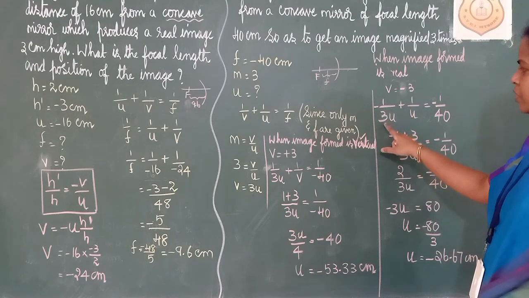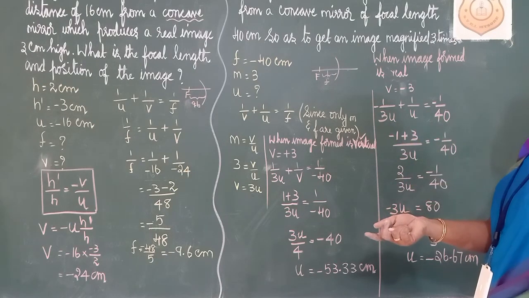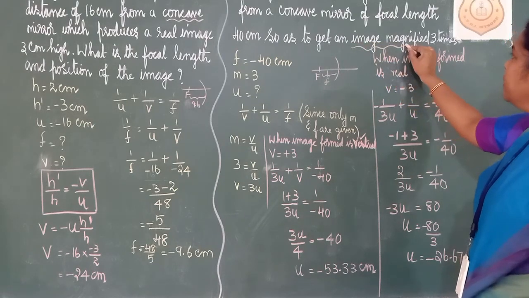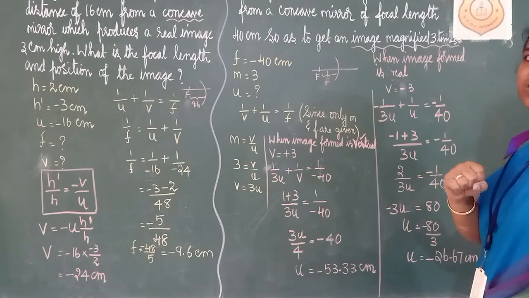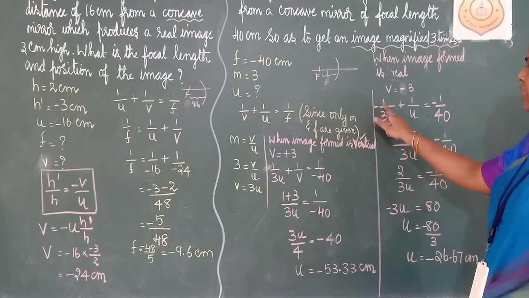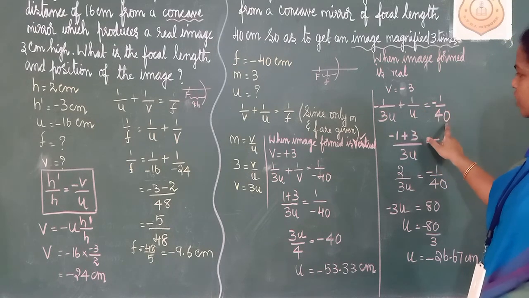Why have I put 3u? The image is magnified 3 times of the object. So minus 1 by 3u plus 1 by u is equal to 1 by 40.